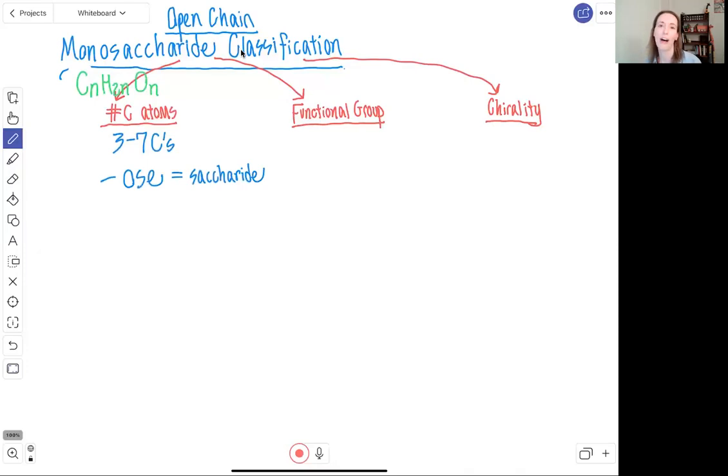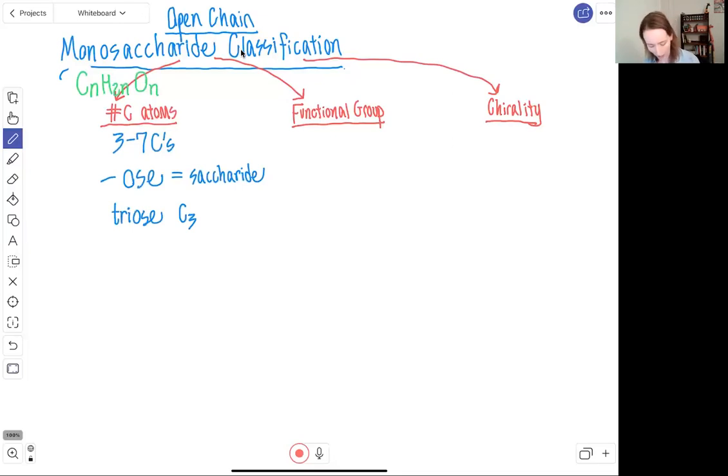Specifically, when we're classifying and categorizing monosaccharides based on the number of carbon atoms that they have, if it has 3 carbons, it'd be referred to as a triose. And you should be able to, if I ask you on an exam or somewhere else you see the term triose, say to yourself, I know what the molecular formula of a triose has to be, because we know that it has 3 carbon atoms due to that tri word.